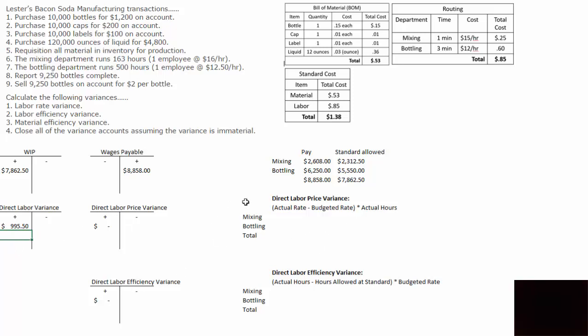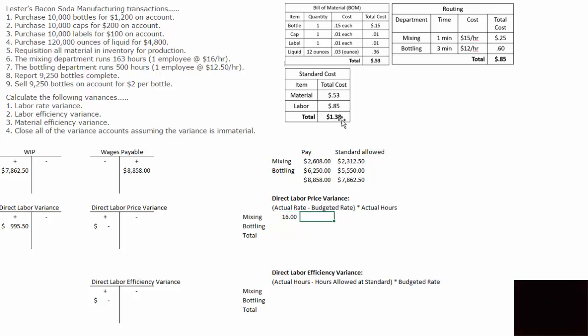And I've got the formulas for that over here. So first we'll look at the direct labor price variance. And the formula says to take the actual rate, subtract the budgeted rate, and multiply that by the actual hours. So if we look at the mixing department, the actual rate is right here, $16 an hour.